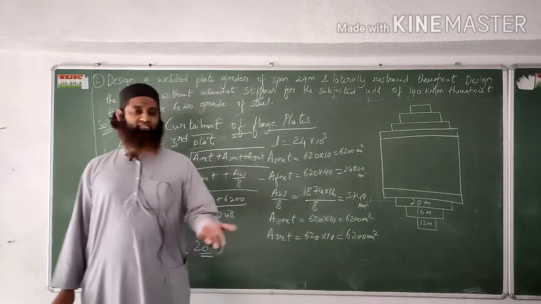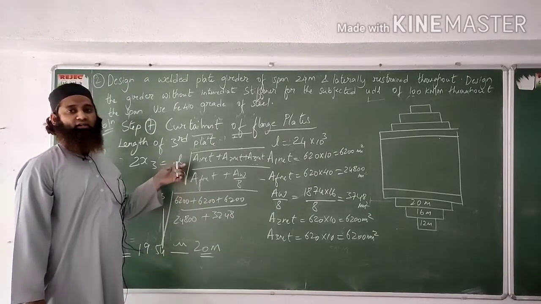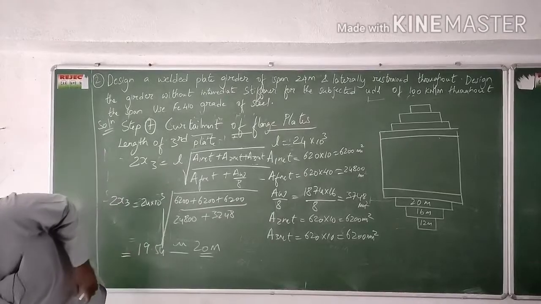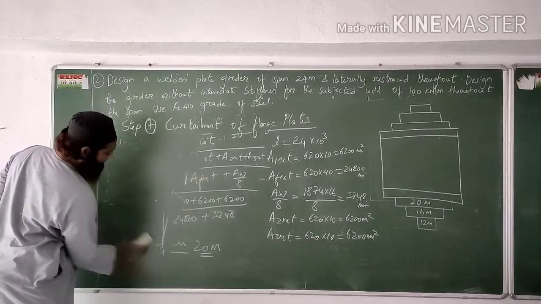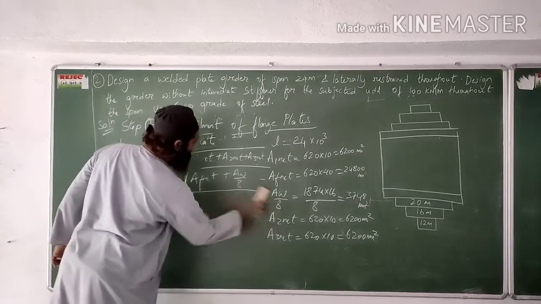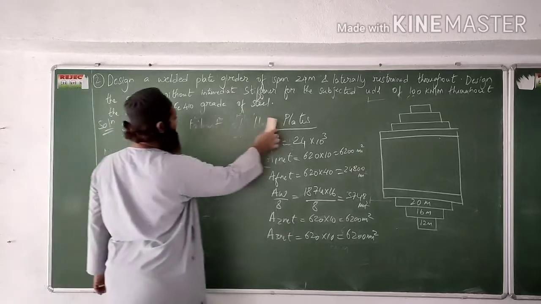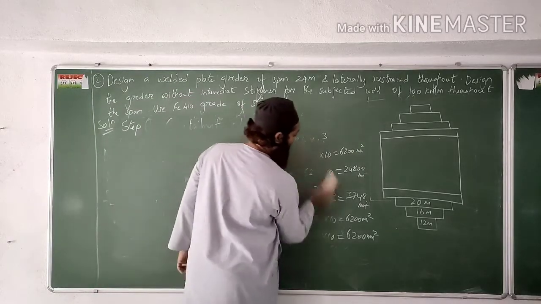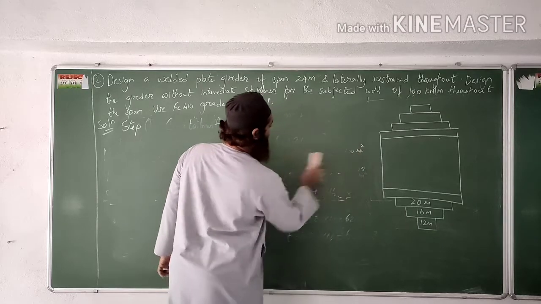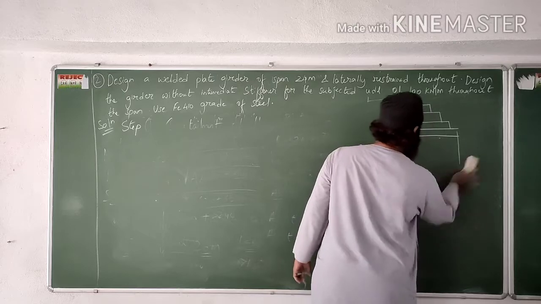Let us go to the next step in which we will be seeing the connection between flange and web. Let's see the next step, connection between flange and the plate. That will be the 8th step, and after that we will be seeing how we'll have to weld it. So hope it is clear till here. We had seen the design of flexure, we had seen how to calculate the plastic modulus. We had seen our plate was safe in flexure, so we have moved further.